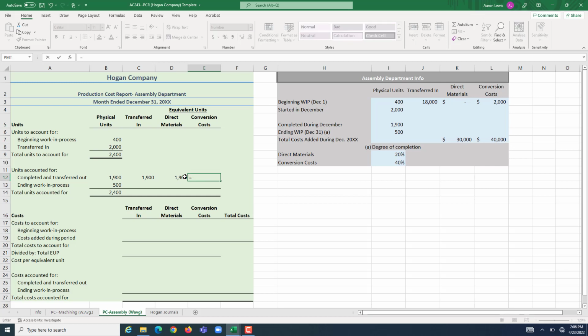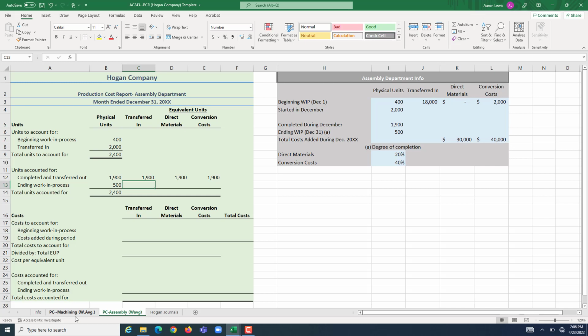It is going to be 1,900 for all of these because they're all complete for those 3 different cost components because they were transferred out. Our ending WIP probably isn't complete for all of those cost components, but it's going to be complete for one thing, and that is the transferred in costs. The machining department would not have sent us parts to be assembled had they not been completely machined, had they not incurred all of the materials costs to make the parts and all the labor costs to turn those raw materials into parts which could be later assembled.